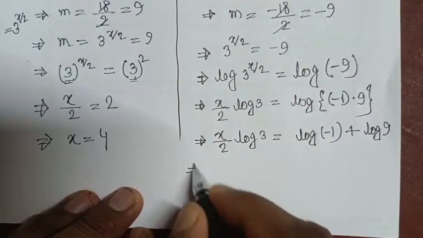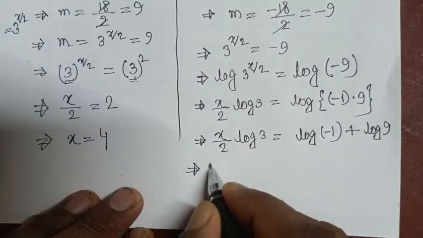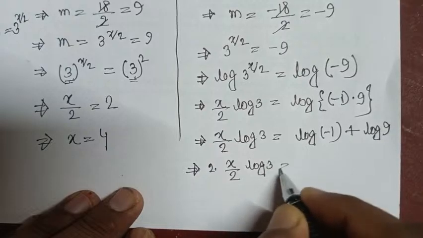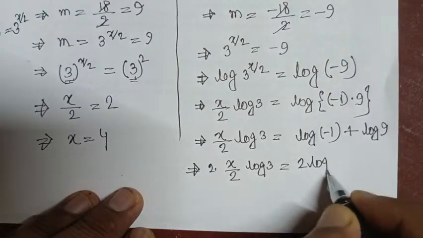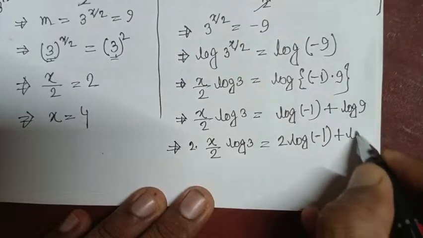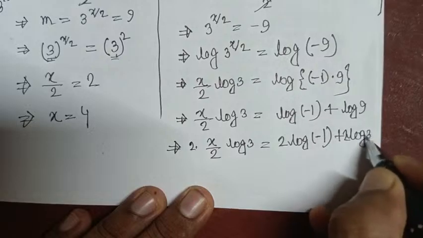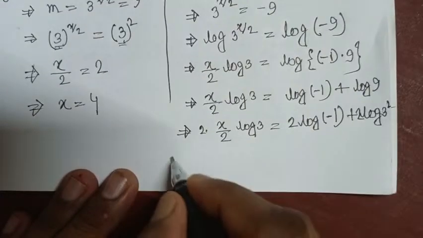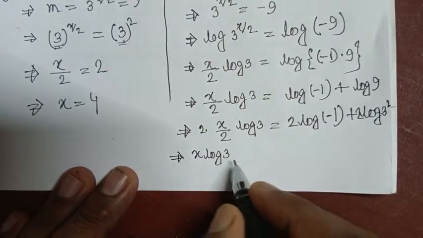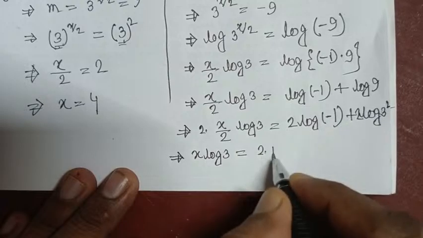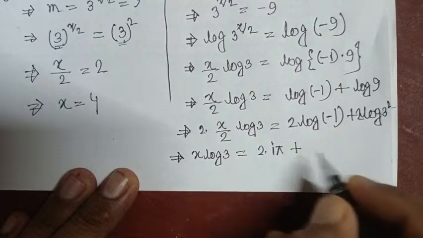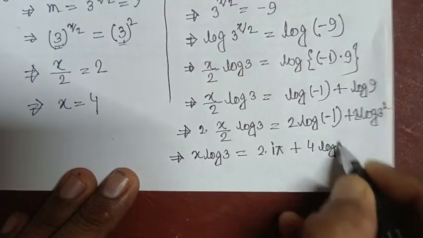If we multiply both sides by 2, then it becomes 2 into x by 2 log 3 equals 2 log of minus 1 plus 2 log 3 squared. Then it becomes x log 3 equals 2 into log of minus 1 plus 4 log 3.